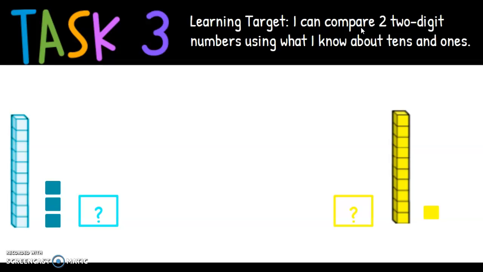So we are going to compare the two groups of numbers built out of sticks of 10 and ones that you see down here. And we're going to use some symbols to compare these numbers. Now we're very familiar with the plus sign and what it represents, combining two or more groups. And we're familiar with the subtraction sign and what it represents.